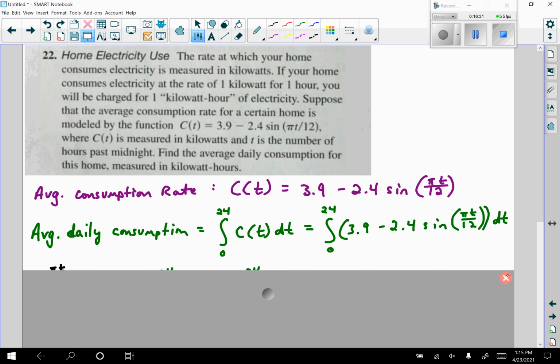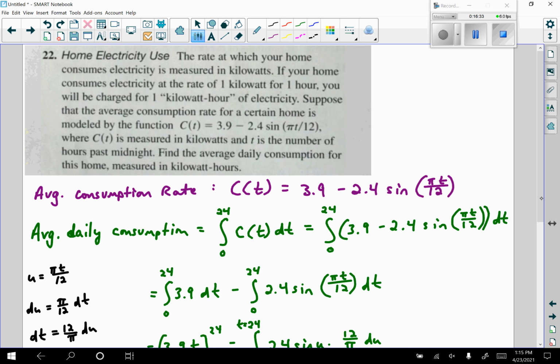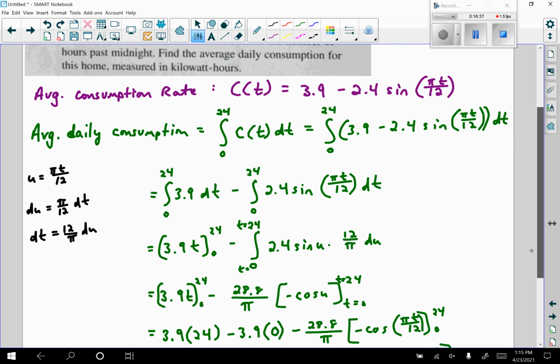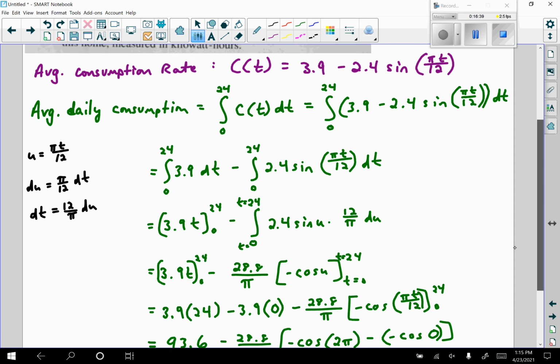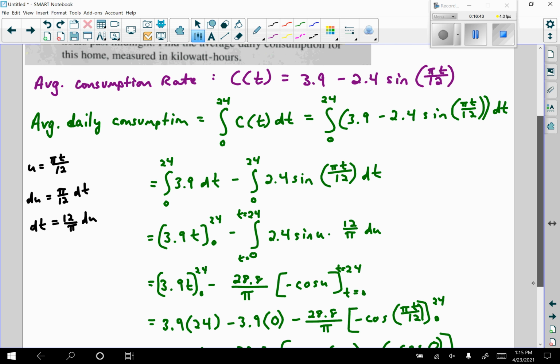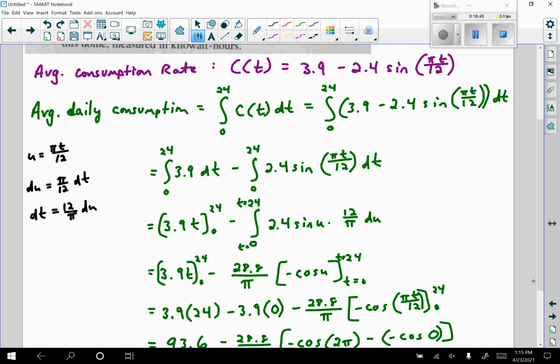And like I said, yes, typically something like this would be a calculator problem, but I still went through. So you could take a look at the steps, the U substitution that I started to use in this third step here. Remember, when we do that, we want to say, if we're using U, we have to go from t equals 0 to t equals 24.